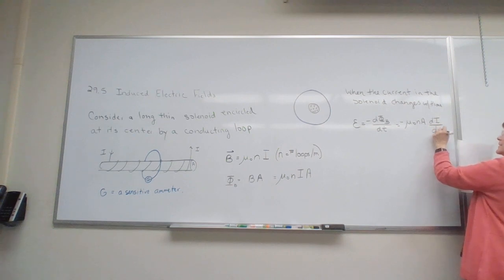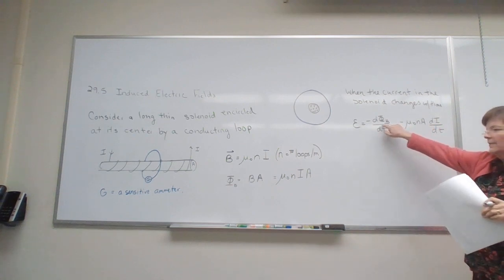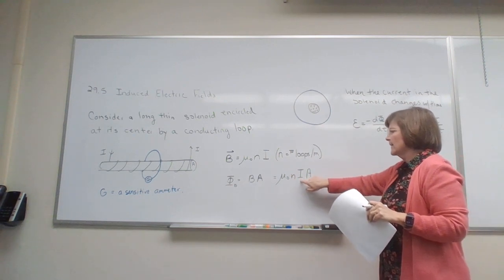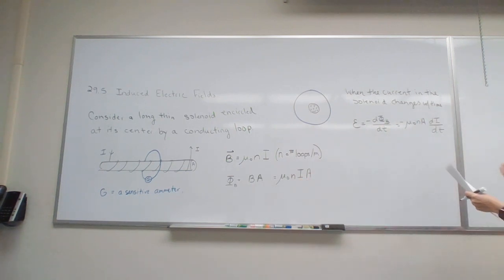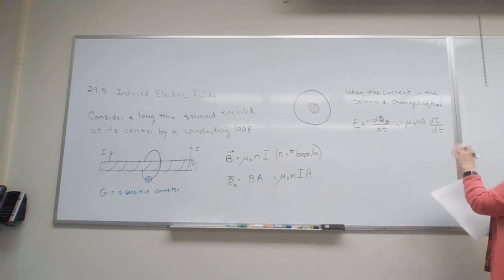In other words, the part that's changing in the flux of this mu naught NIA is I, right? We're changing that current with time. And that gives us an induced EMF.